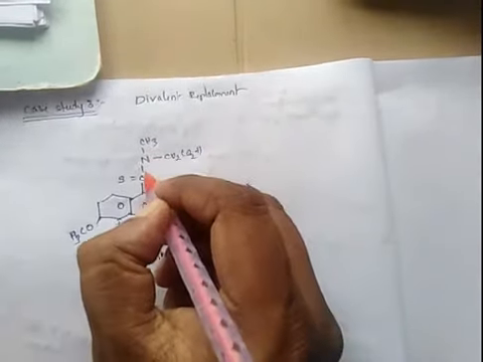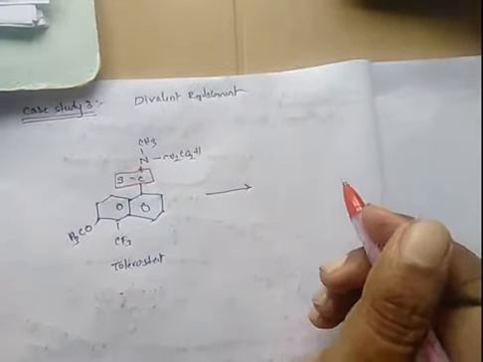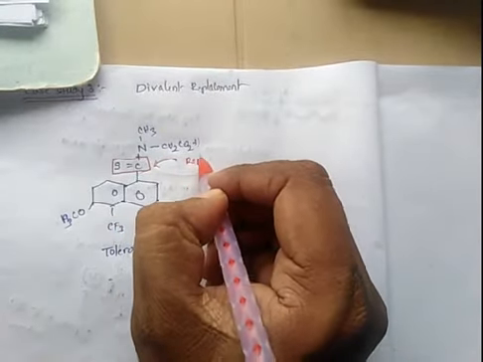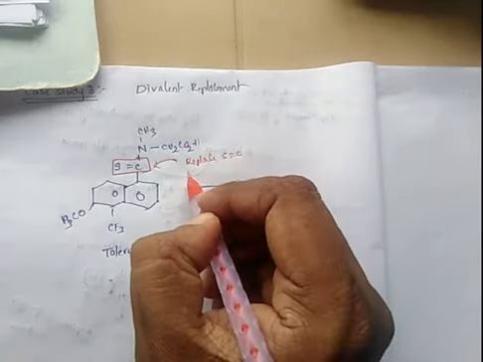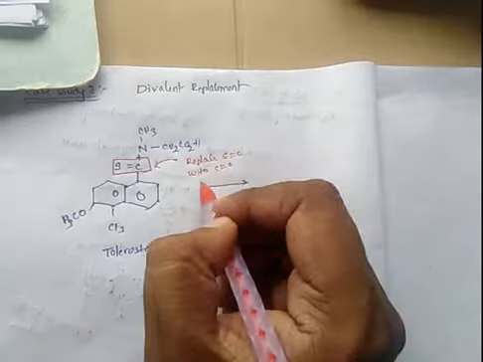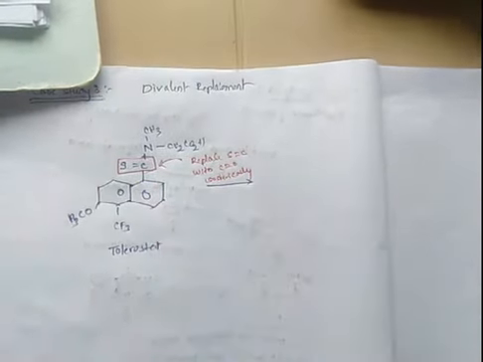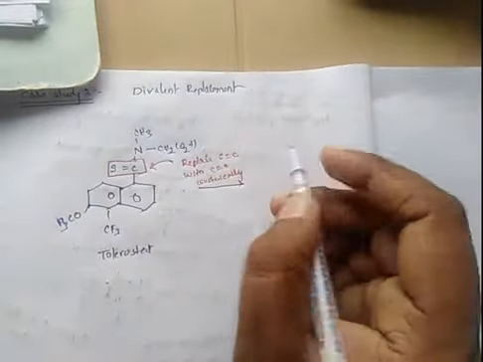So if you replace this carbon sulfur bond isosterically, replacing C double bond S with C double bond O, the obtained drug molecule has this structure.